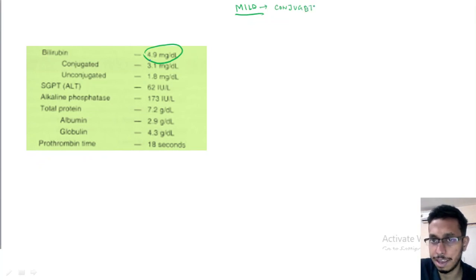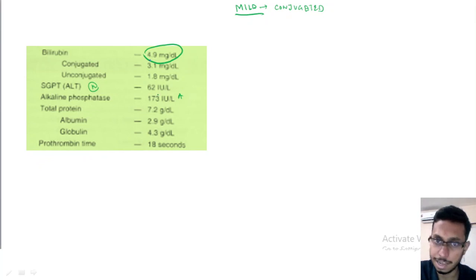Next thing to look at is the ALP and AST-ALT below. Here surprisingly ALT is normal, whereas ALP is raised. So here ALP is mildly raised in these cases.